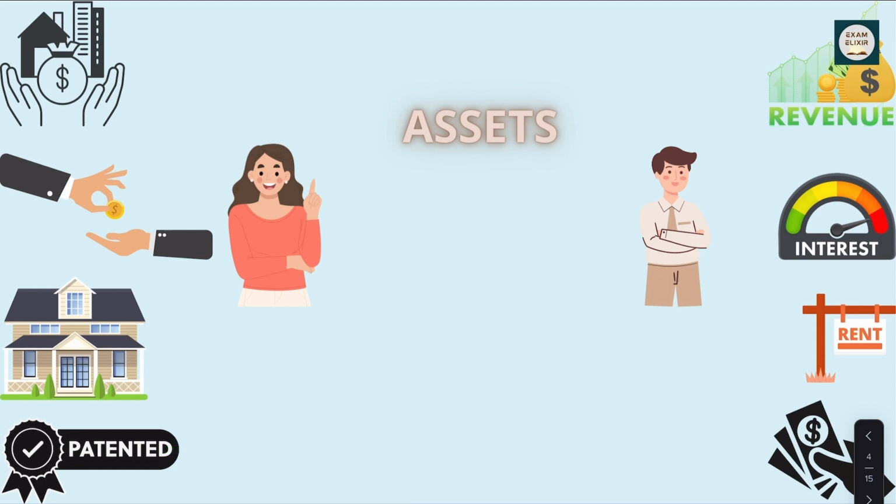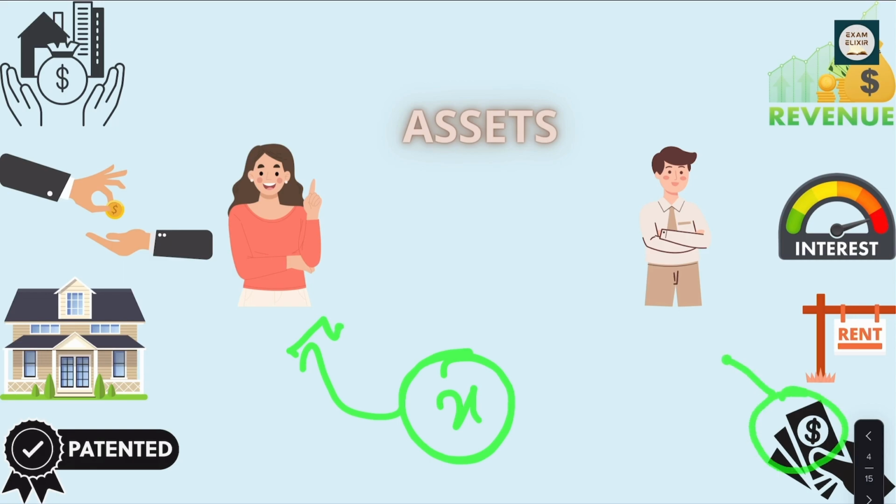For example, patents. Let's say this lady over here has invented a medicine to cure COVID-19. Now what she wants to do is she wants to lend the technology to produce that medicine to a company X. Now this company X, for using this technology to produce medicines, has to pay some amount to this lady, right?